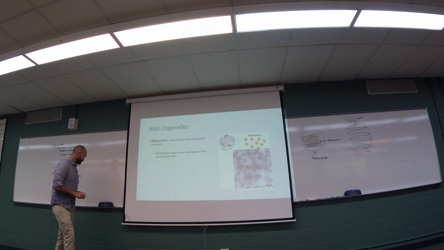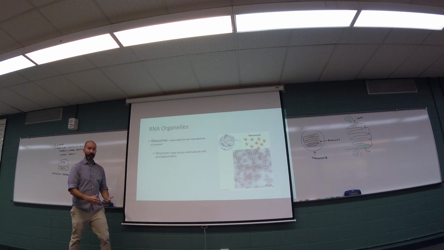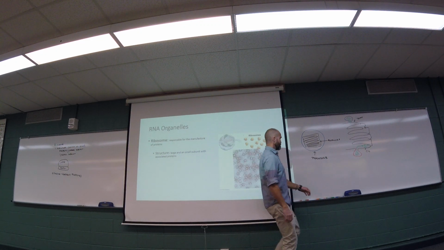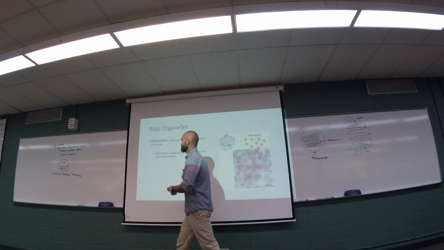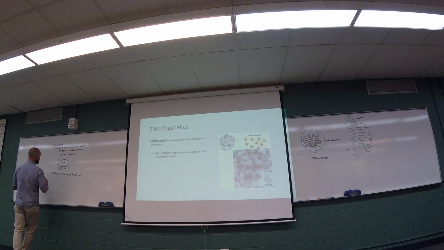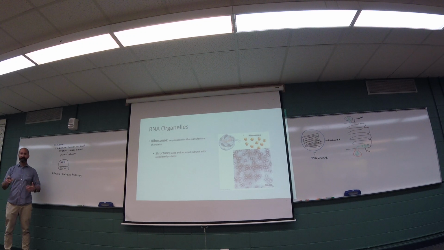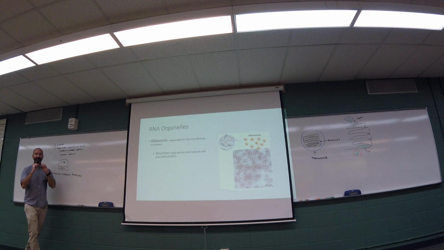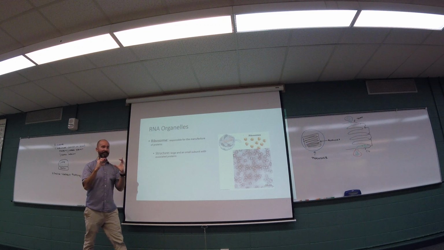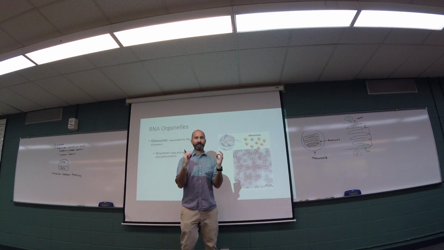And so some copy of our DNA, which also happens to be RNA, comes along, and it's read kind of like, do you guys know what cassette tapes are? It's read like a cassette tape. Cassette tapes consist of a plastic case that has some plastic tape inside.